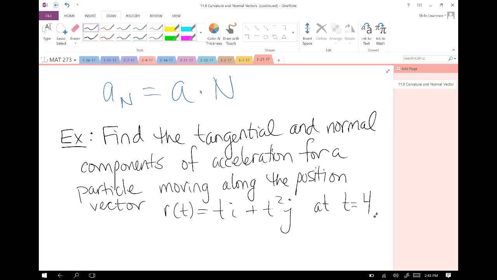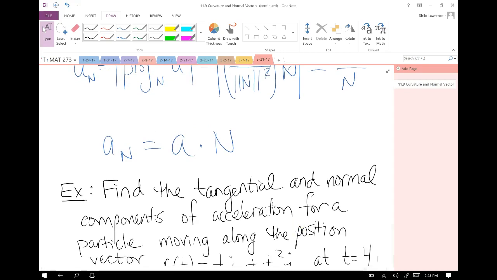There is another formula for a sub n that doesn't require you to find the principal unit normal vector. And I did not write it, but it might be worthwhile.